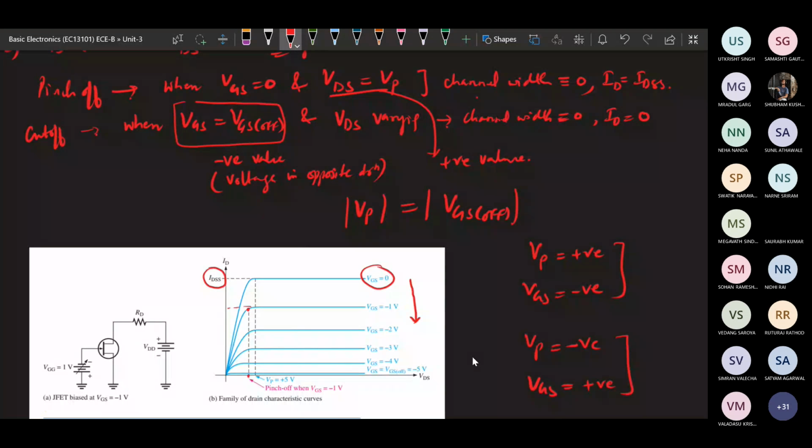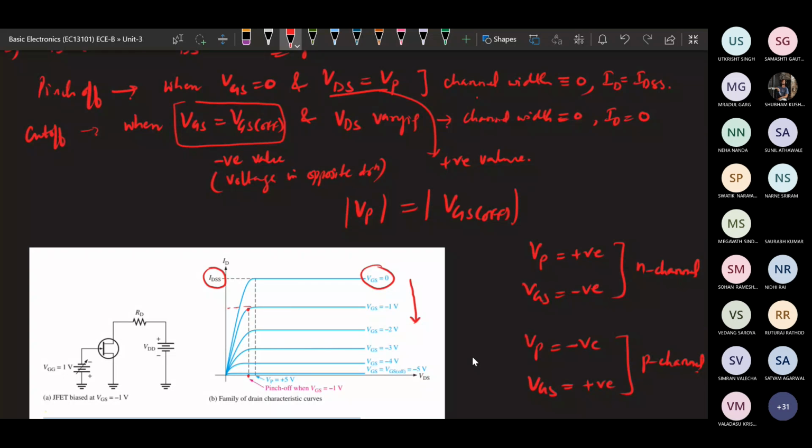If VGS is negative, that means it is for N channel. So for N channel, VP will be positive and VGS will be negative. In case of P channel, VGS will be positive and VP will be negative. These two are of the same magnitude but of opposite nature, and both have similar functionality.